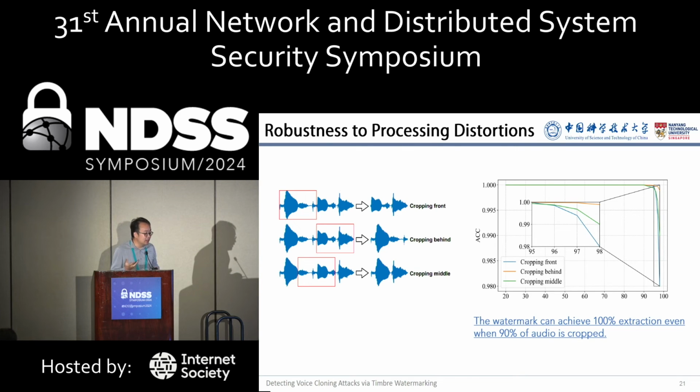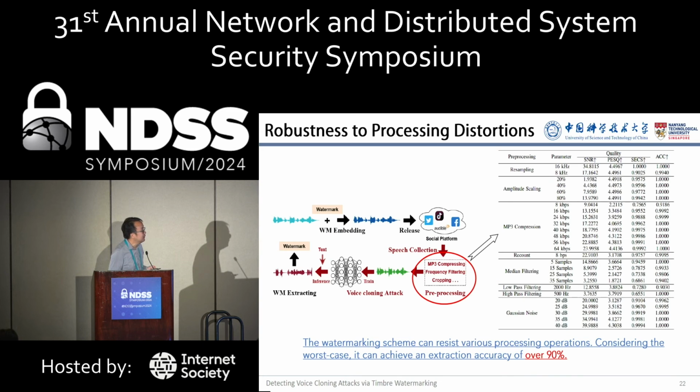We find that even if he crops around 90% of the audio, the accuracy can still be maintained around 100%. In addition to cropping, we also test our solution against other pre-processing operations, like reshaping, compression, scaling, filtering, and adding Gaussian noise. The results show that we can maintain very high accuracy across different operations in different scenarios.